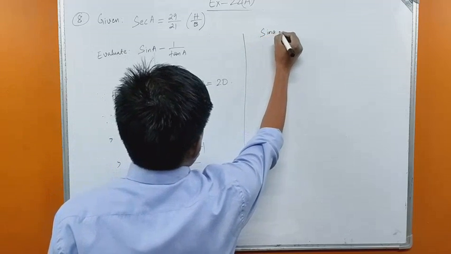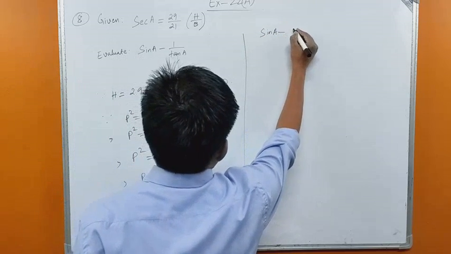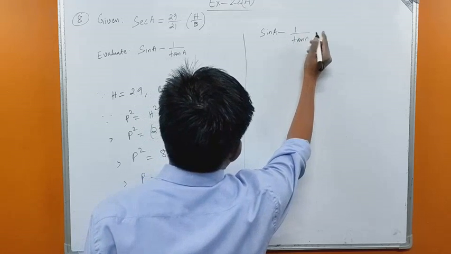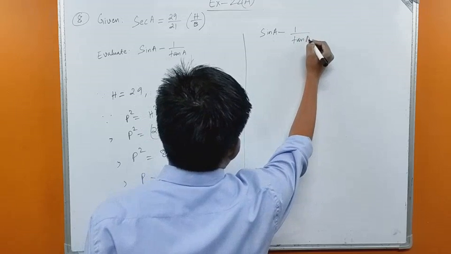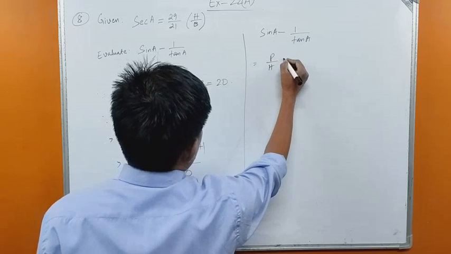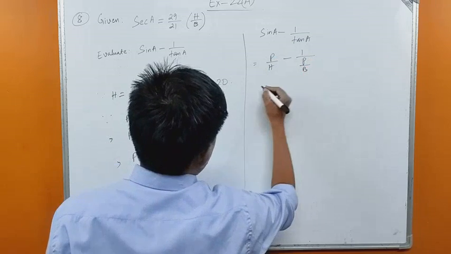Sin theta is perpendicular upon hypotenuse, and 1 upon tan A is base upon perpendicular.